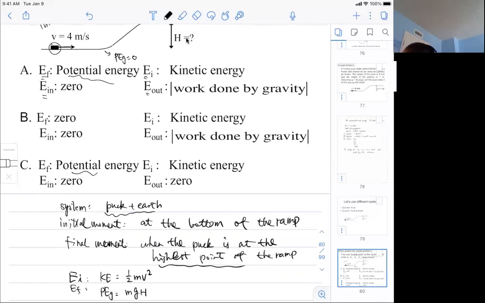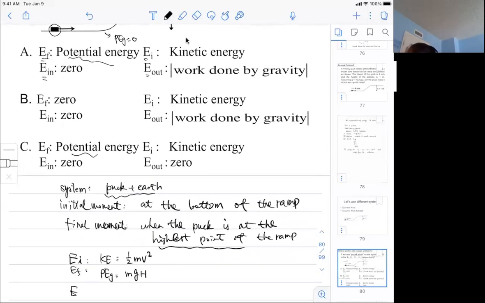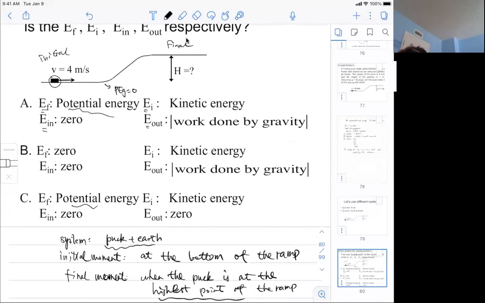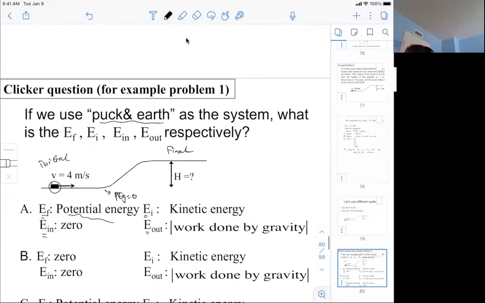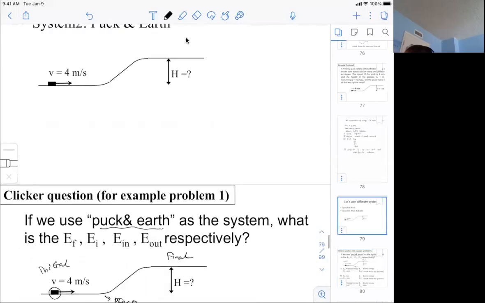At this point, the puck is not moving because it has gone as high as possible, so you don't have kinetic energy. There is no energy input, as you can see there's no force constantly pushing the puck up or making it go faster. And if there's no friction, there's no energy output.